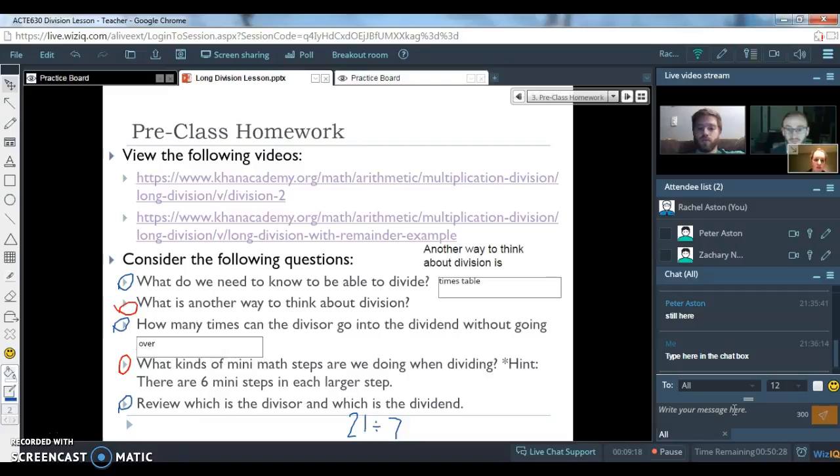And Zach, you still need to answer the last blue one. Which one's the divisor and which one is the dividend? Hold on, it's not working. There you go. Okay. I'm not sure if I'm showing that, so I'm just going to type in the chat.